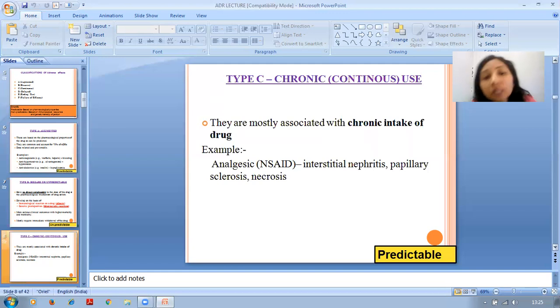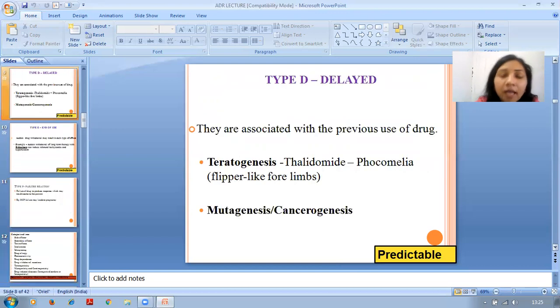Then type C is chronic or continuous use. They are mostly associated with chronic intake of the drug. They are predictable. For example, prolonged use of NSAIDs can result in interstitial nephritis, papillary sclerosis, and necrosis. Type D, or delayed type.